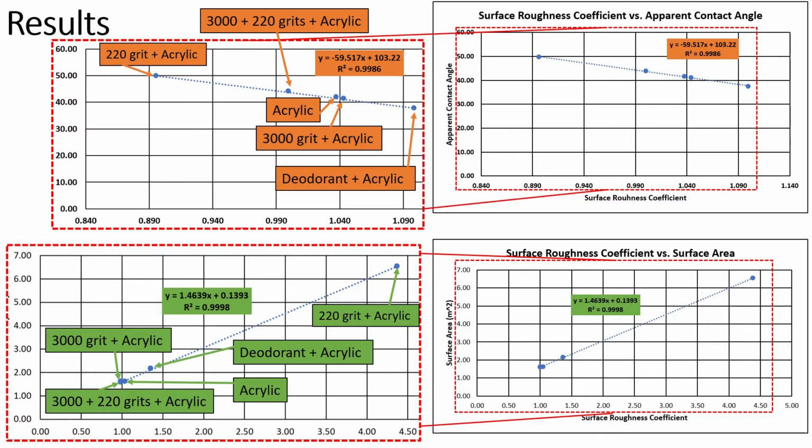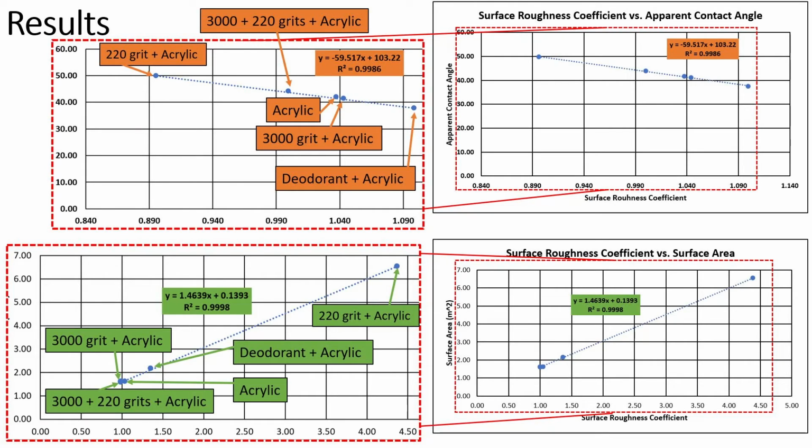I also have the results again, but this time I have 2 graphs. These are showing the 2 techniques that I did for this overall experiment. I plotted this with my surface roughness coefficient as my x, and then my apparent contact angle as my y for the first graph shown on the top.